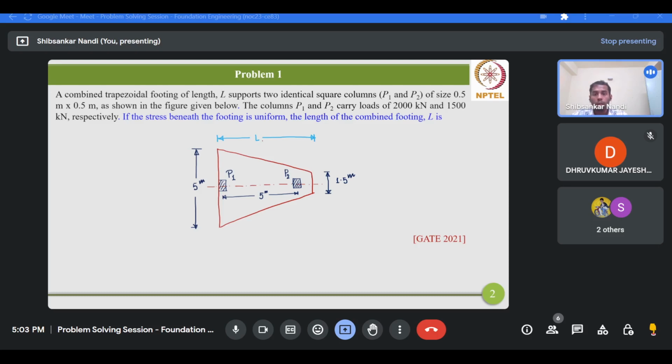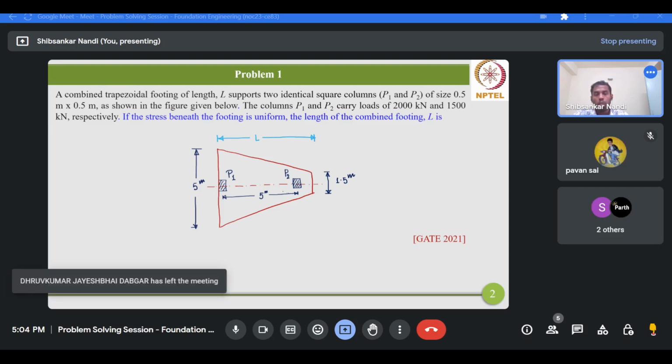Now what we have to determine? We have to determine the length of the footing in such a way that the stress distribution beneath the footing must be uniform. Now how can we ensure that the stresses caused by this kind of loading, which is coming from the superstructure, here superstructure in the sense these columns, must be uniform?